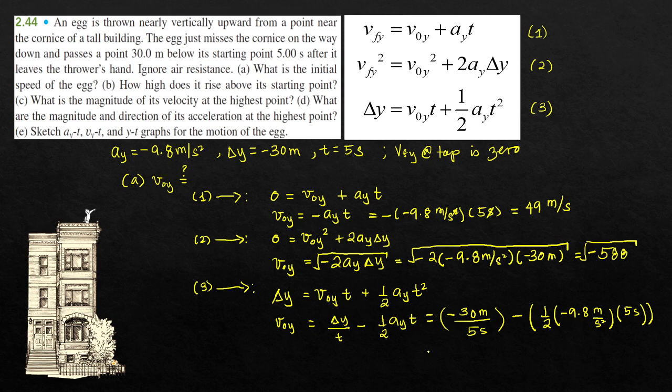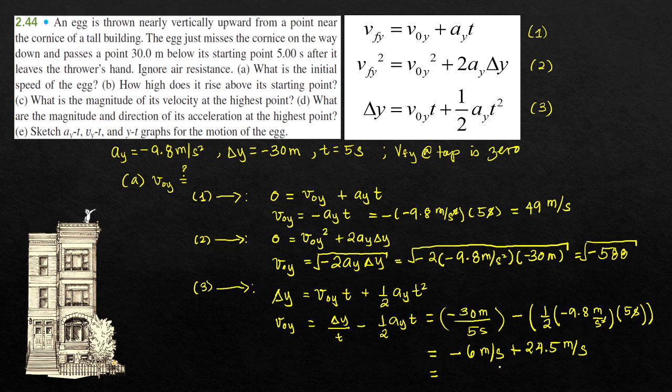So here we will have negative 6 meters per second. Here we have a negative and a negative, so we will have positive. So that's going to be 9.8 times 5 divided by 2, which is 24.5 meters per second.